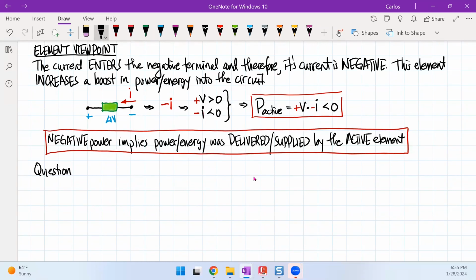As a follow-up question, is a capacitor active or passive?